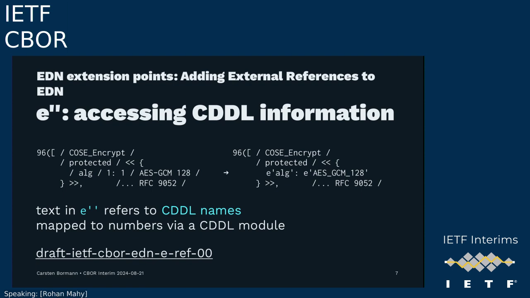Yeah. So first of all, CDDL is an RFC. And this is only referring to an ID, a CDDL ID. So this is a pretty fundamental part of CDDL. If you change it, it's going to have major backwards compatibility repercussions.